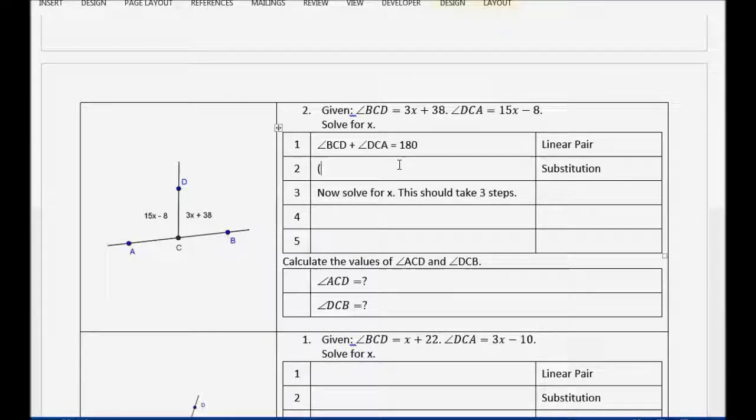Then by substitution we'll say (3x plus 38) plus (15x minus 8) equals 180. The parentheses are not necessary, but I like to use them when I'm doing substitutions on the same side of an equation so that we can see where things came from. So this together is angle BCD, this together is angle DCA, and of course we can solve for x from here.